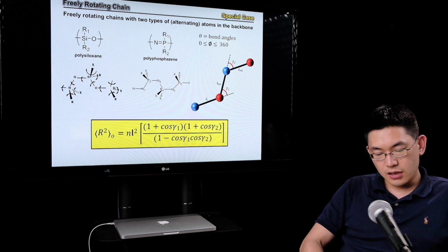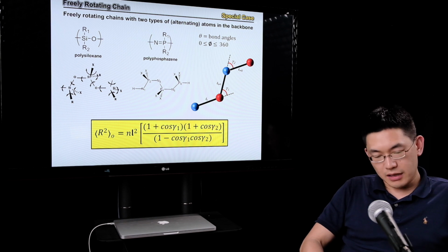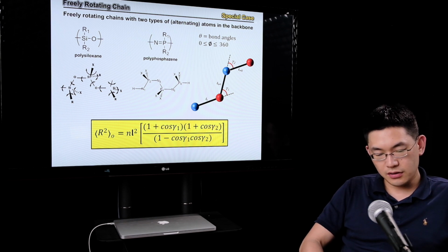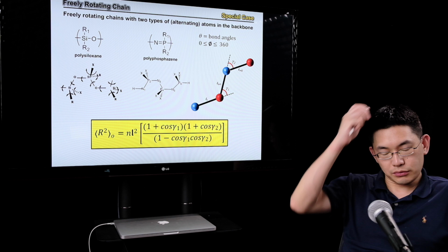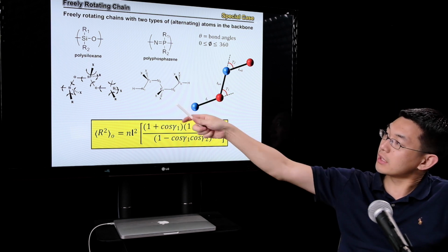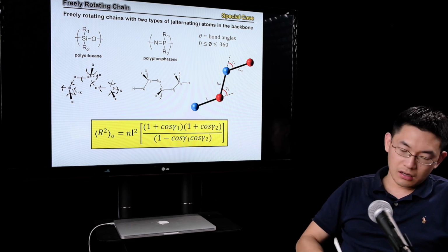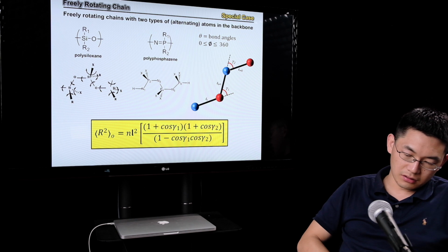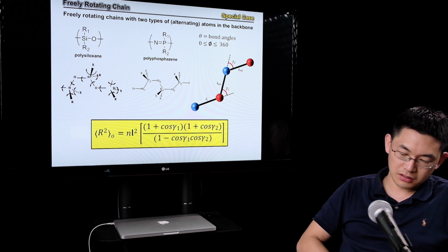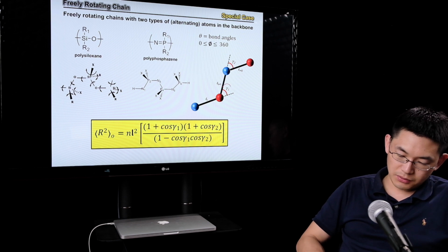Free rotation chain is not only limited to carbon-carbon bond. You can also consider multiple bond angles happening. So shown here we have the PDMS on the top left corner, or polyphosphazene on the right, and those two molecules would have two bond angles along the polymer chain, right?